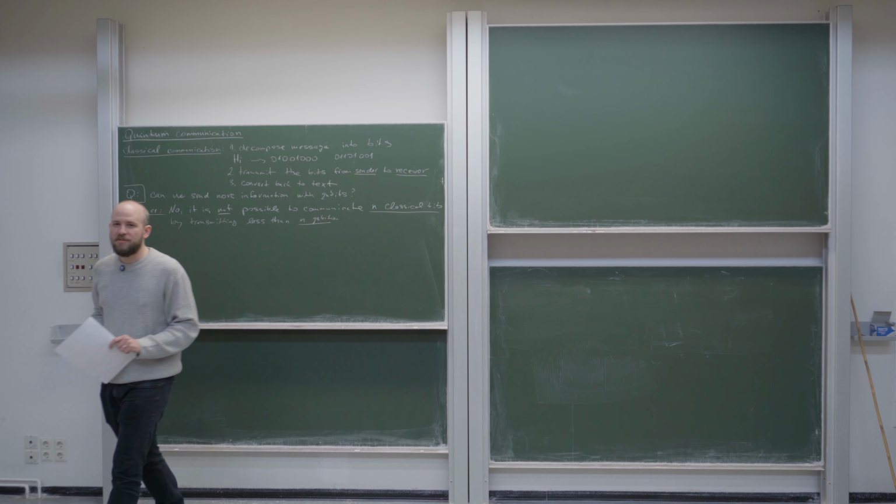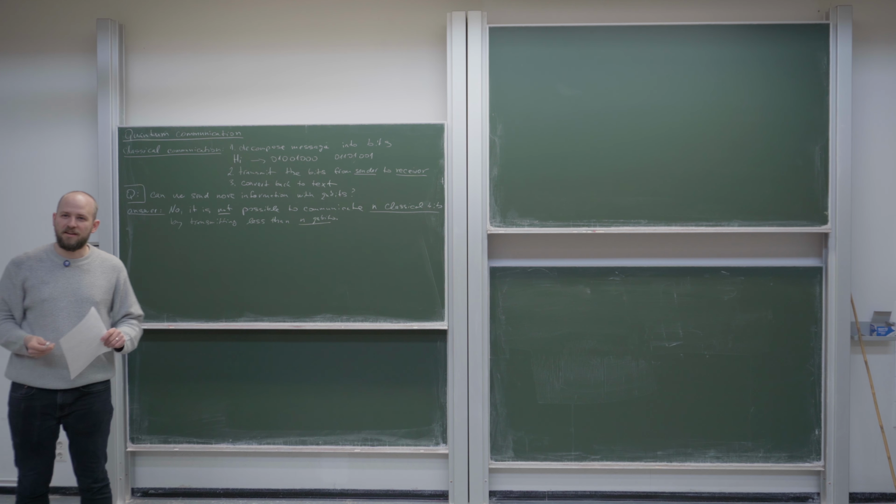So is it clear that if I can do it with n bits, I can do it with n qubits? Yes, because I'll just encode this as a computational basis state. So I just say, now I send this state, now I send this state, and so on. And you can always measure in the same basis and get the bit back, okay? So if I can do it with bits, I can do it with qubits.